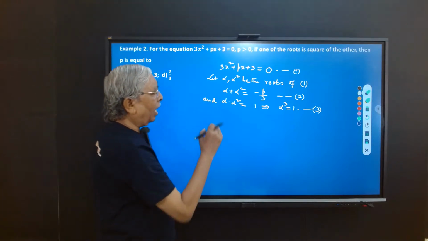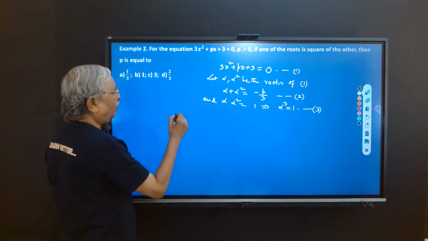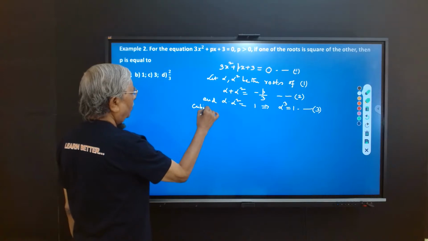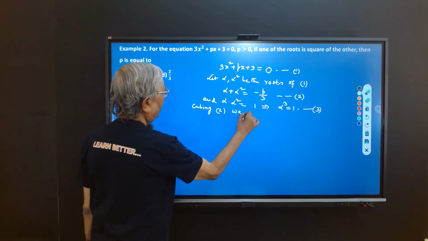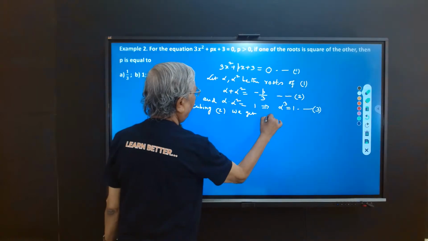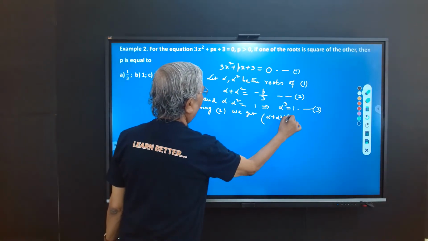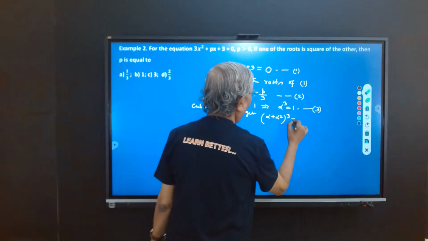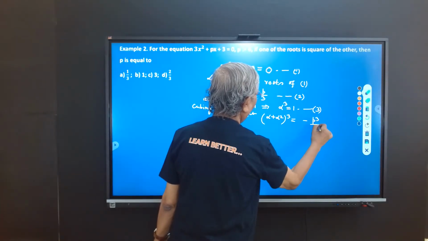How to eliminate alpha? First, you cube equation number 2. Cubing 2, we get alpha plus alpha squared whole cube must be equal to minus p cube by 27.